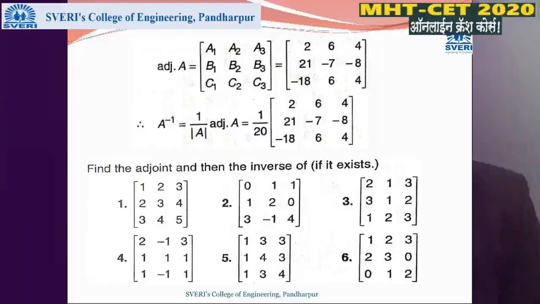So here it is, the A inverse. By using that method you can find the inverse in the following examples. Before finding the inverse we have to find the adjoint of that matrix. So by using the adjoint as well as the determinant of that matrix you will get A inverse. Thank you.